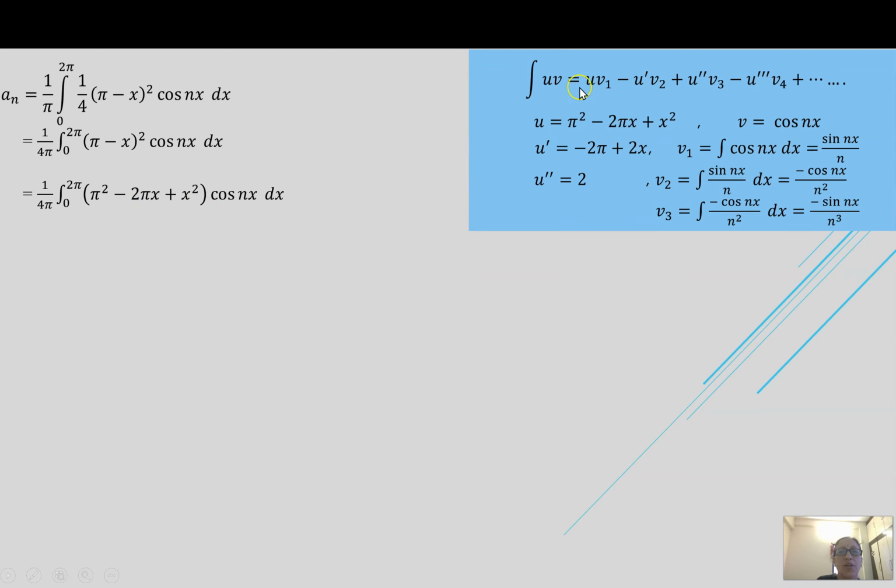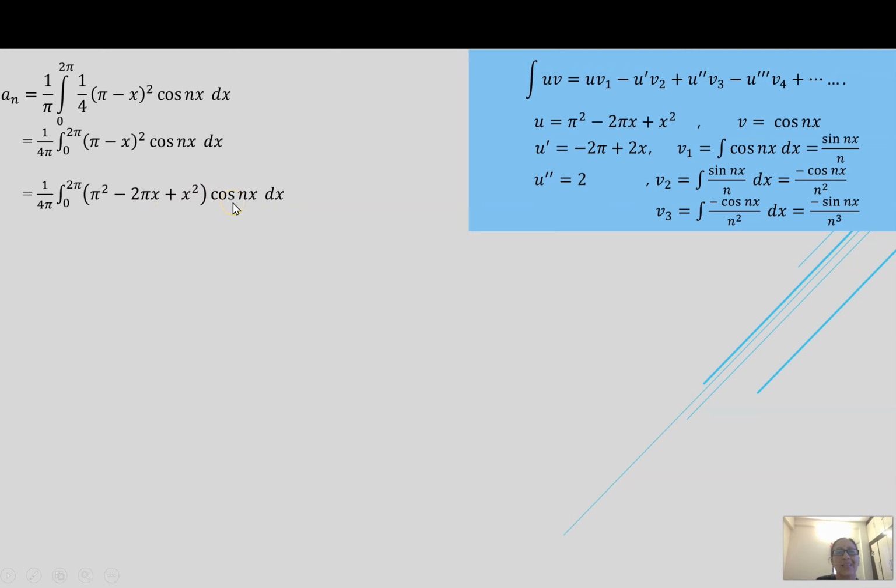Integral UV equal to uv1 minus u dash v2 plus u double dash v3 minus u triple dash v4 plus so on. Now here to apply this rule, first we have to identify u and v from this integrand. In this integrand, the continuous function, that means here this is cos nx.